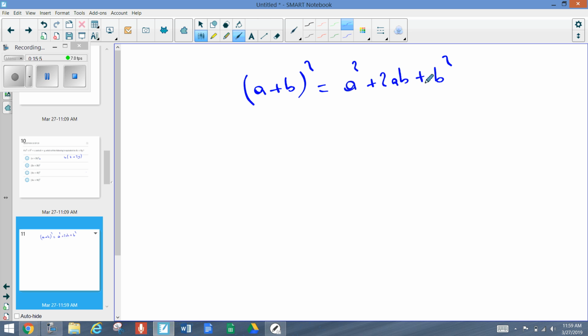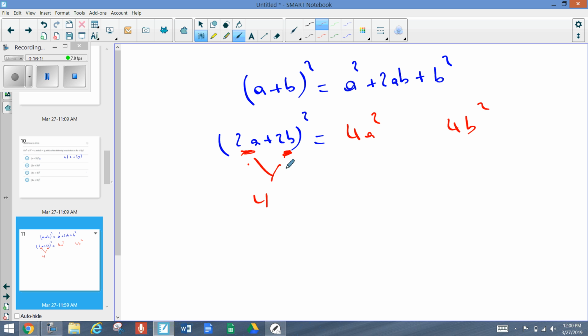Times 2. Okay? For example, 2a plus 2b parentheses square. Take the first term square. Tell me. 4a square. Excellent. Take the second term square. Excellent. Multiply 2 of them. 2 times 2, 4. A times b, ab.